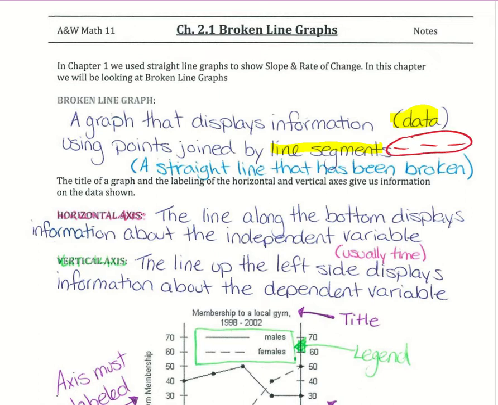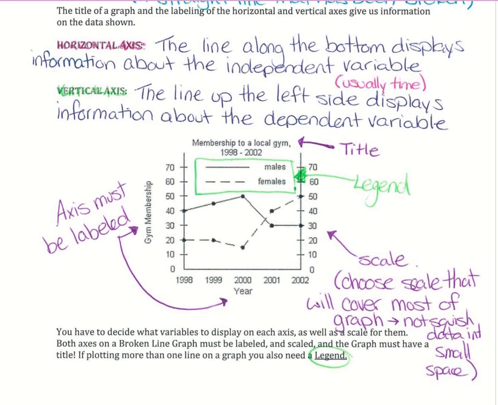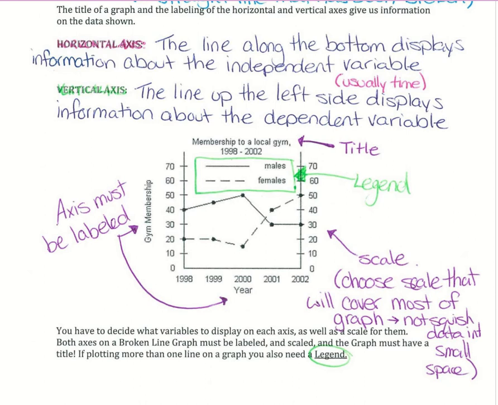All right. Again, this is a really important part. Hopefully you guys really catch on to this because it works basically for all the graphs we're going to talk about. But doing the little details and labeling things is really important. So it's important that you understand the horizontal axis, and just like we talked about before when we looked at slope, the horizontal axis is going to be basically your x values.